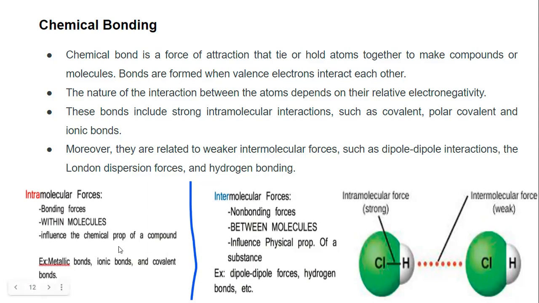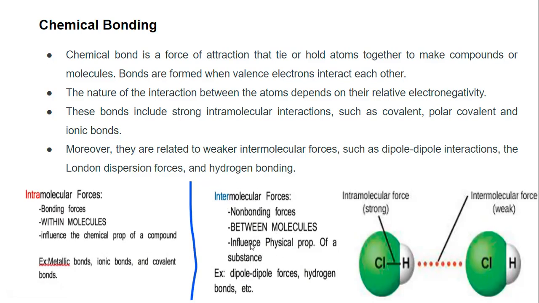Intramolecular forces influence the chemical properties of a compound. They alter or vary the chemical properties of any compound. Whereas intermolecular forces influence the physical properties of any substance, and they contribute to the structure formation of any substance.